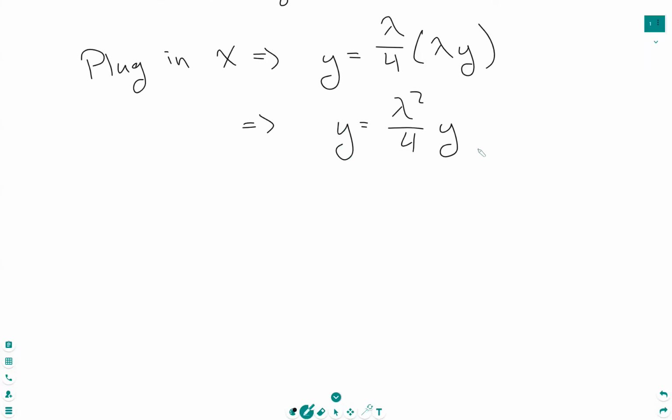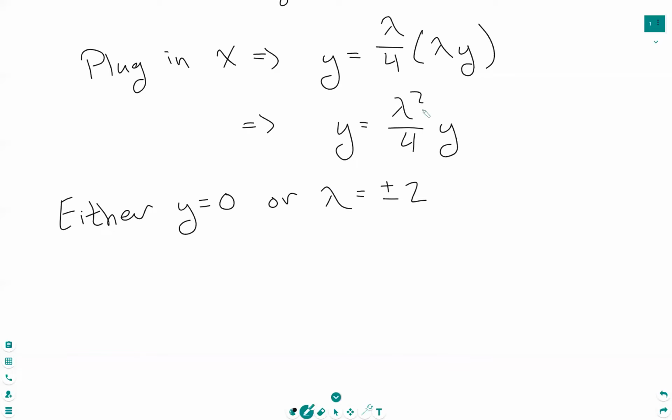So here we have two solutions, and it's really important to keep track of these cases that happen. So either y is equal to 0, or I have that lambda is equal to plus or minus 2.